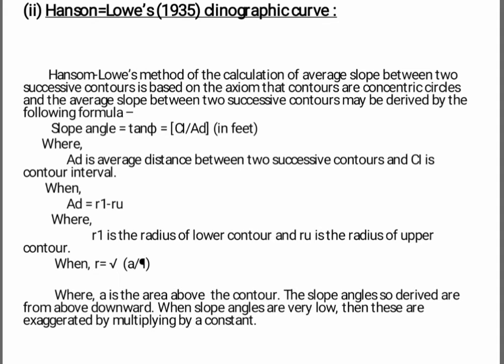The slope angle is equal to Ci divided by AD in feet, where AD is the distance between two successive contours and Ci is the contour interval, when AD is equal to RL minus RU, where RL is the radius of the lower contour and RU is the radius of the upper contour, when R is equal to root A by pi, where A is the area above the contour. The slope angles so derived are from above downward. When slope angles are very low, then these are exaggerated by multiplying by a constant.